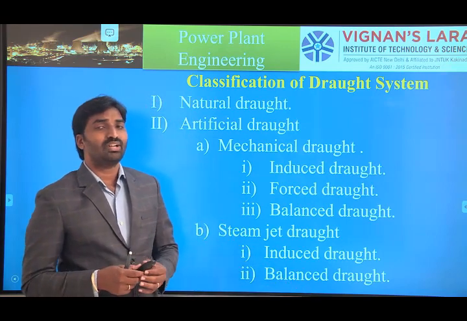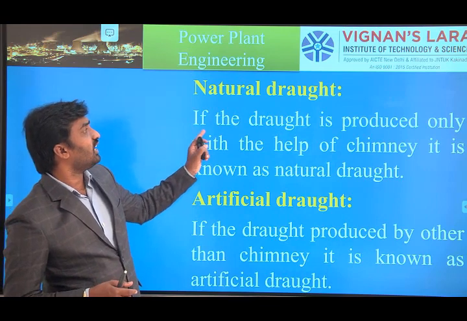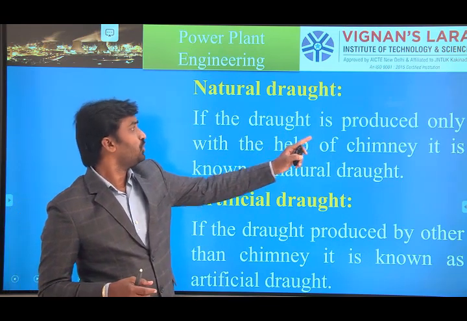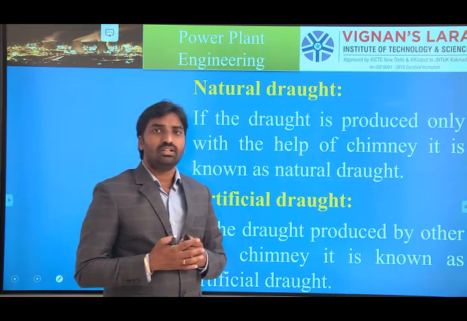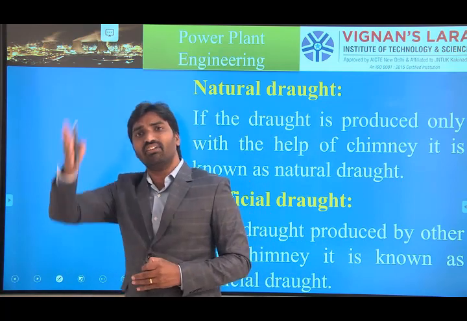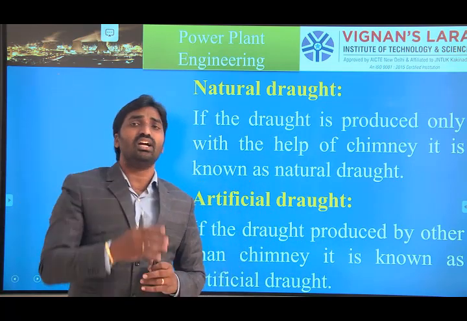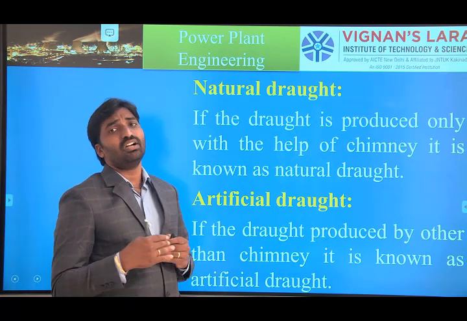So what is meant by a natural draft system? If the draft is produced only with the help of a chimney, it is known as the natural draft system. What is meant by chimney? A tall tower is known as the chimney, for removing the exhaust gases from the furnace.